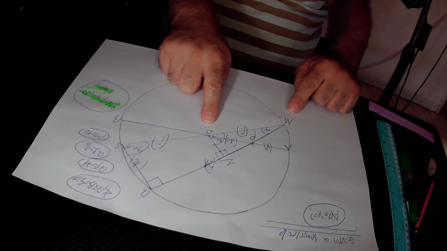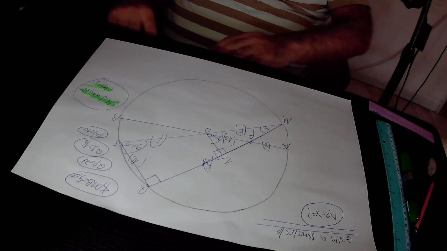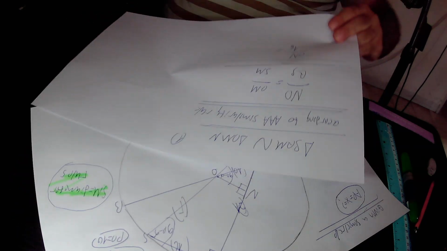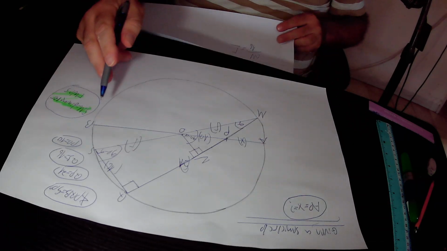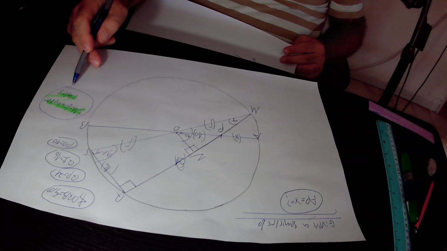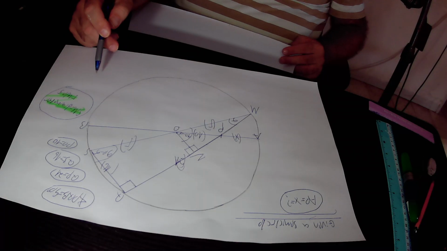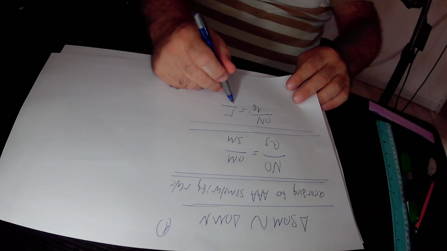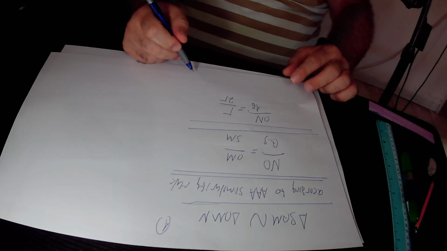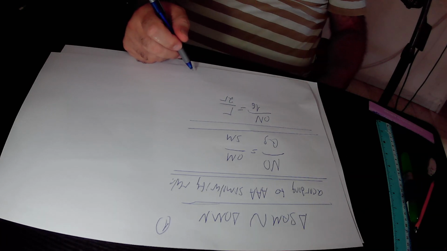OM is the radius of the circle, that equals R, over SM. SM is the diameter of the circle, that equals 2R. So in total we found that ON over 16 equals R over 2R.